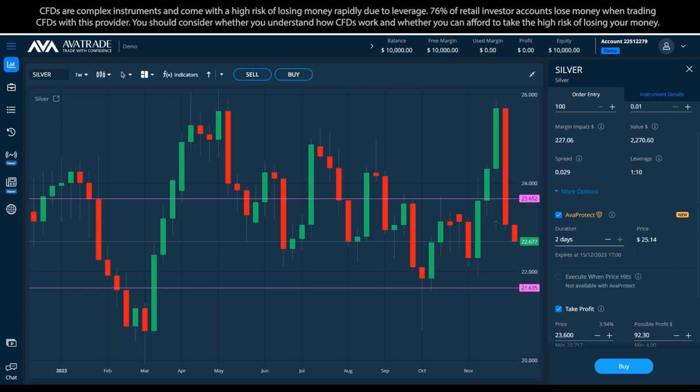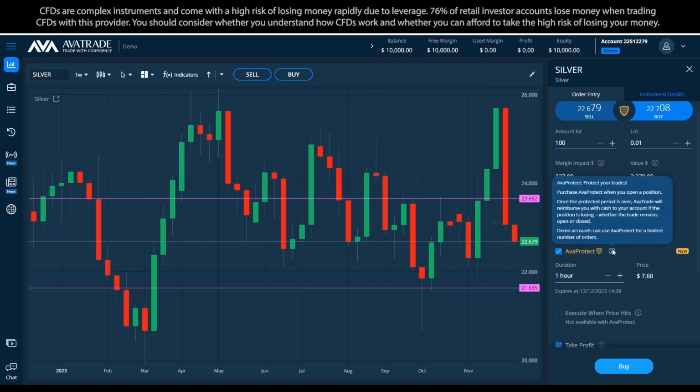We're not able to do that. Whatever I determine will have to be from the get-go. I think this is pretty much what I want to say about EVA Protect, besides the fact that it's for currencies, gold, and silver, basically.